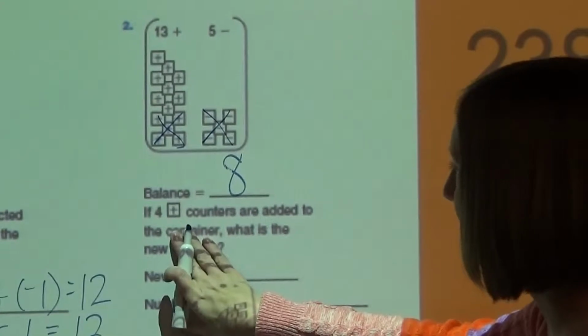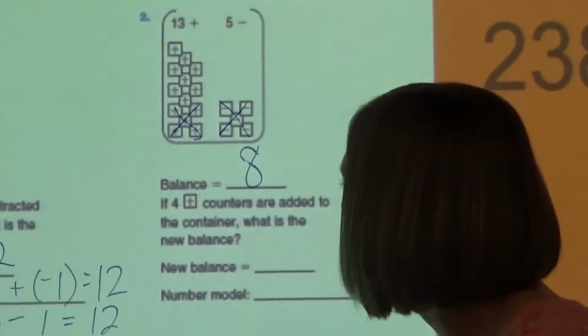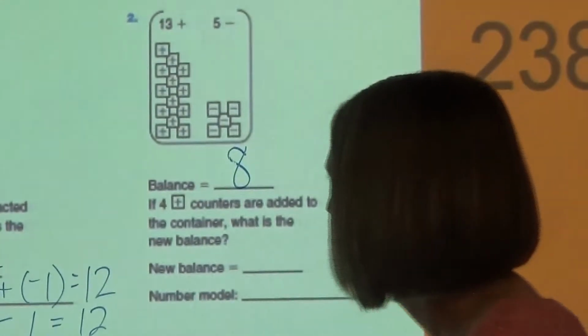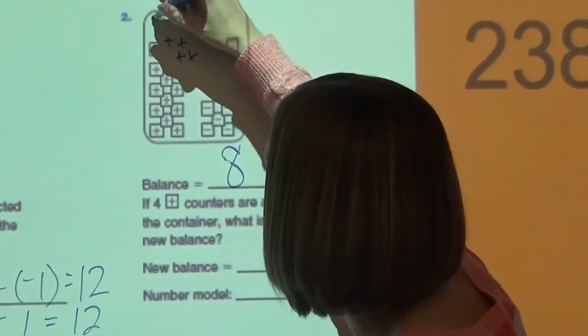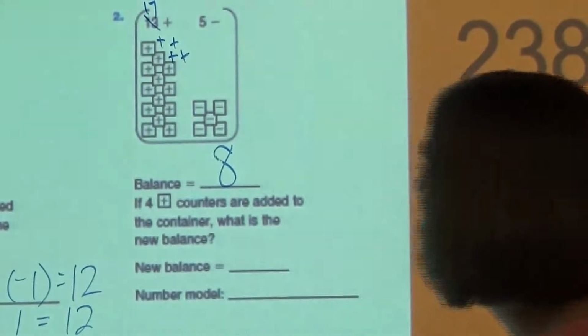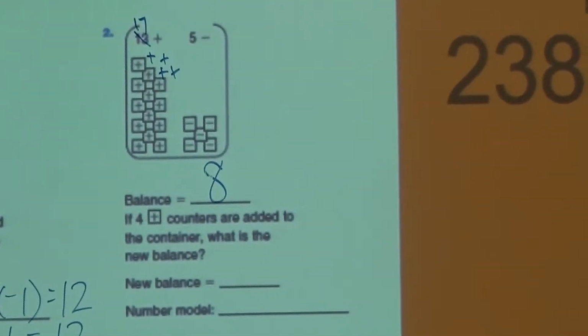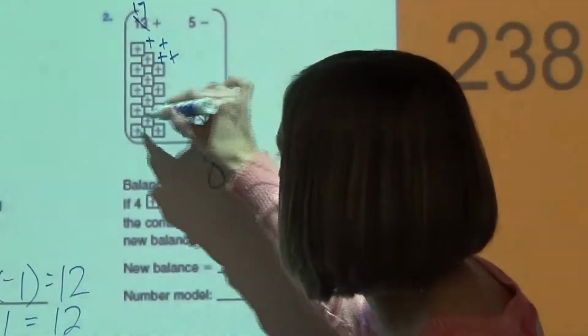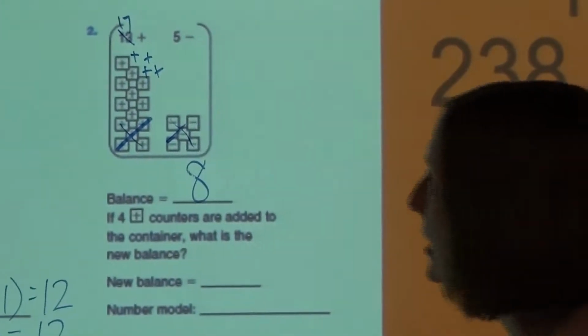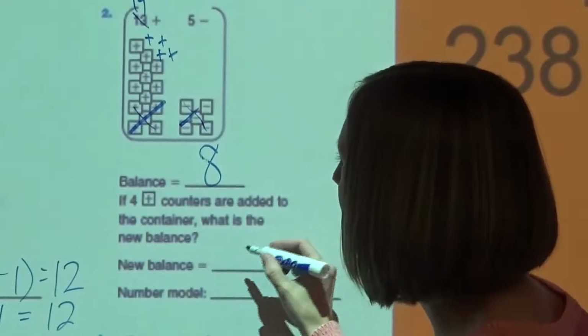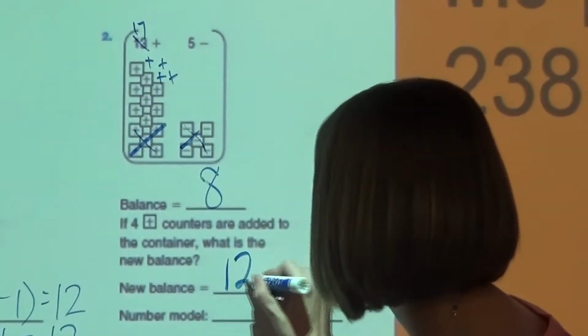If 4 positive counters were added to my container, so if I had 4 more, which would make this 17, what is my new balance? So again, the 5 cancel each other out, but now instead of having 8 left over, I have these 4 extra ones, so I have 12.